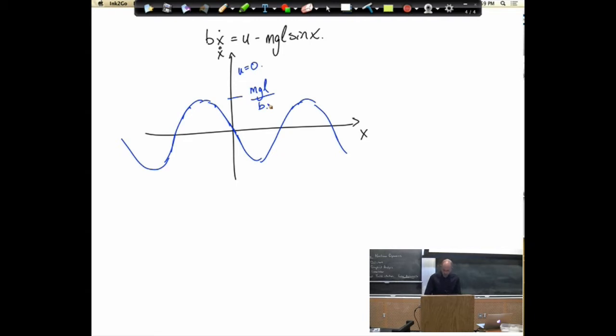From this picture, there's a lot of things we can see very, very quickly. The first thing you can see is the zero crossings of that plot. This thing crosses 0 at 0, pi, 2 pi. I'll just circle them there.